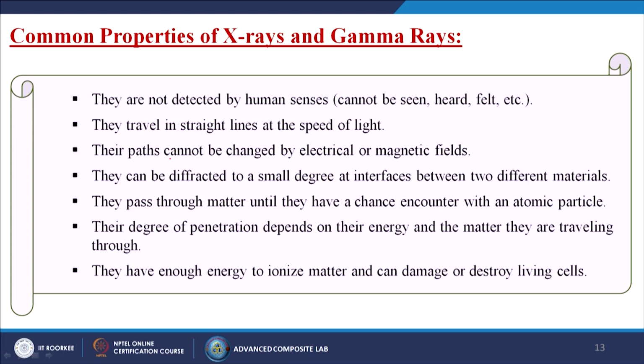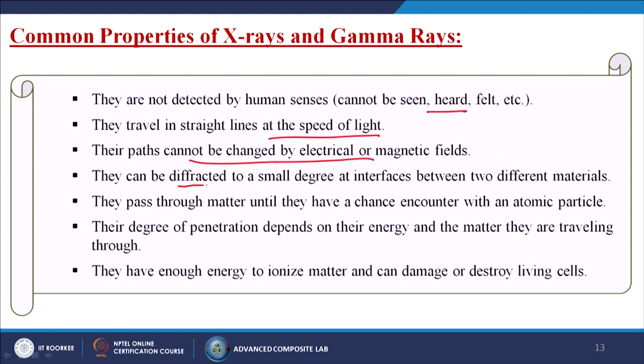Now, common properties of X-rays and gamma rays: they are not detected by the human senses. As I told already, we cannot see them with the naked eye, we cannot feel them, we cannot hear them, so we cannot recognize them by our organs. They travel in straight lines at the speed of light, and their paths cannot be changed by electrical or magnetic fields.